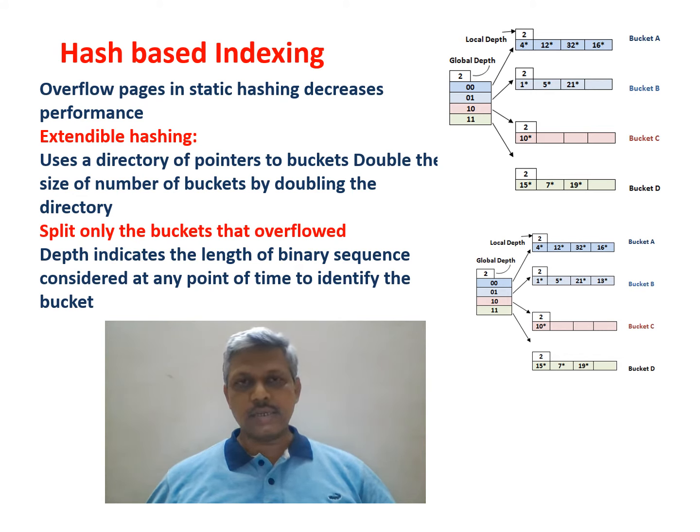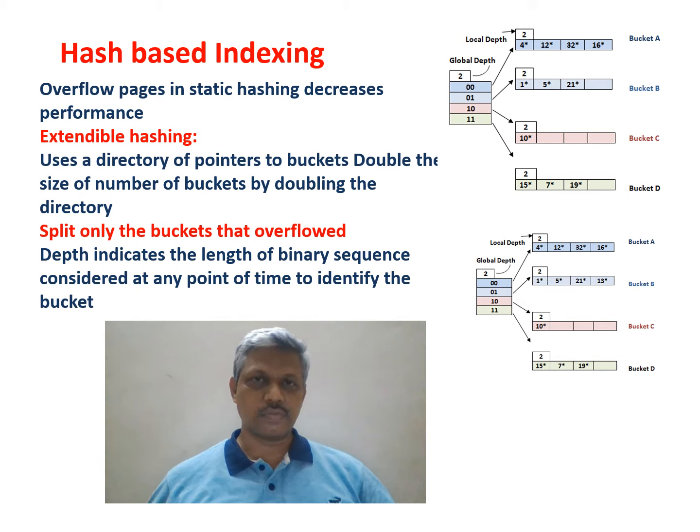This directory can be increased based on the requirement. It can be doubled in capacity, so that the data buckets can also be split according to the requirement of insertion. If we delete, we can still compress the number of data buckets if required. So this kind of flexibility is there in extendable hashing.